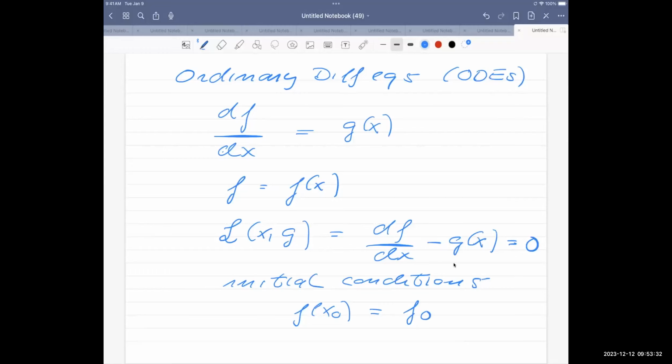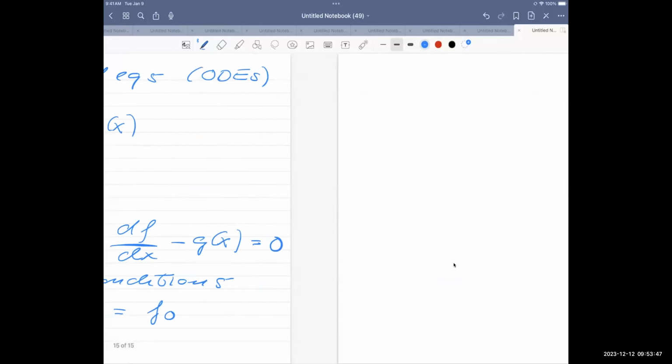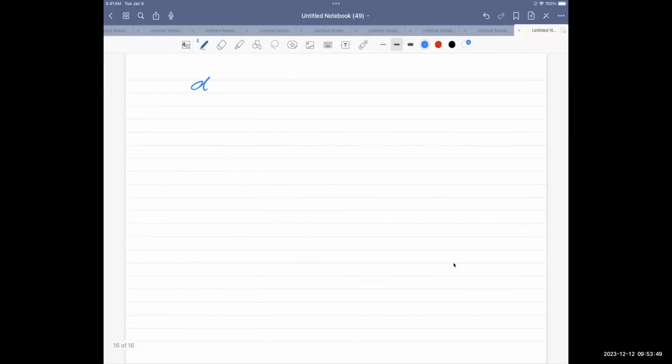Normally, when you solve these differential equations, you have a huge set of different methods. The simplest one is called Euler's forward integration method, or just Euler's method. We would typically discretize the equations. This is a standard approach which we use.